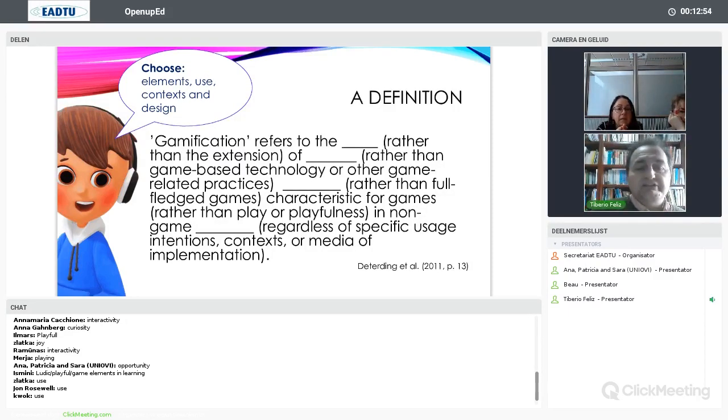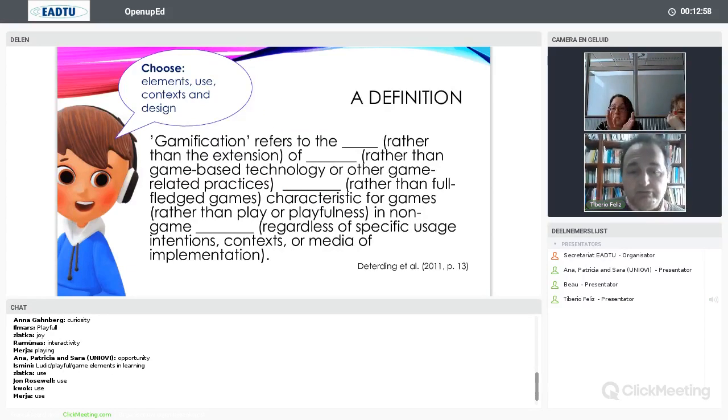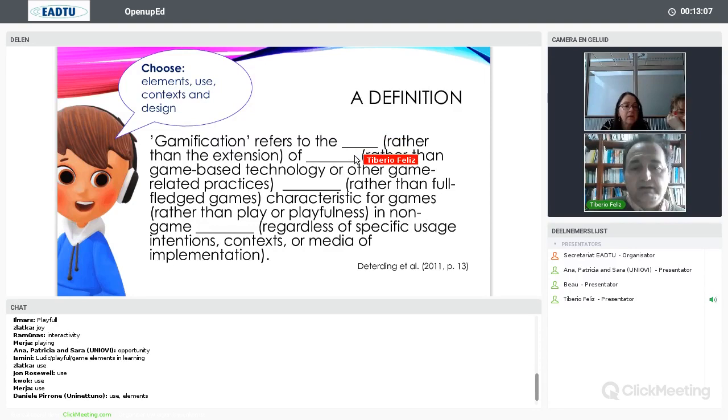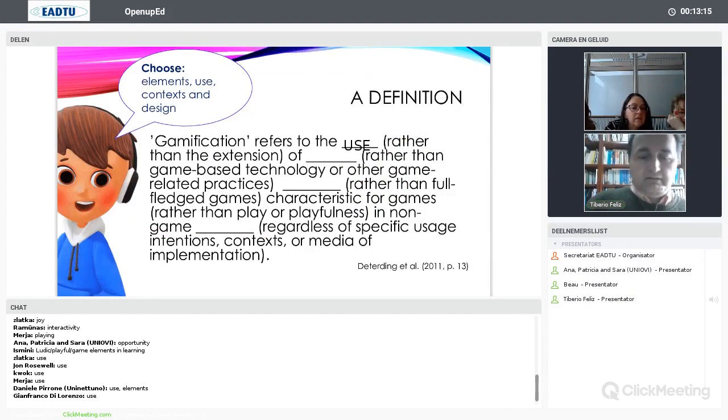Well, most of the answers are "use," okay? It could be "use." So I'm writing there "use." Okay, the first one is "use."